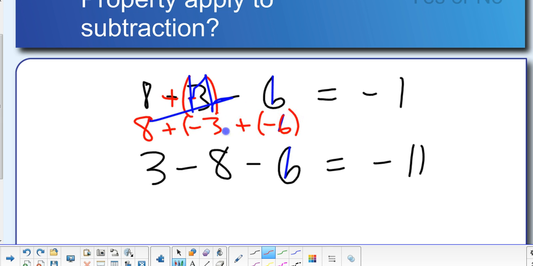Now you can go ahead and change the order of these as long as the 8 stays positive and the 3 stays negative and the 6. Now it's an addition problem. You can change the order all you want because the commutative property does work, and it will always come out the same. But you can't just change the order of the subtraction terms.